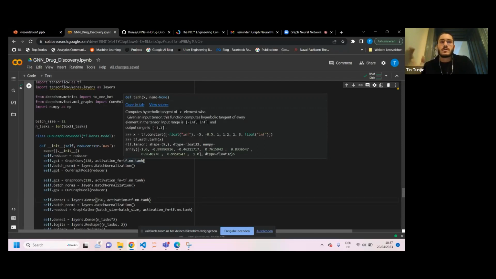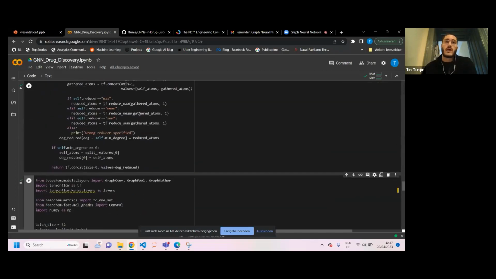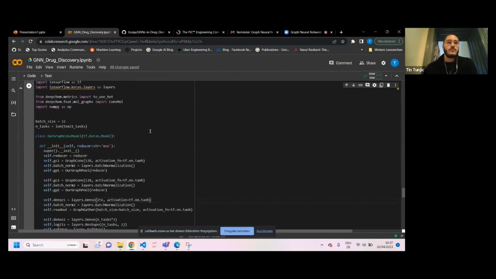This is just a use case of how you can write your own graph convolution networks, and then maybe optimize them, because you may not be happy with the default parameters or whatnot. And also you would like to specify some different things that a library like DeepChem doesn't have, which you'll see happens for the graph pool layer.